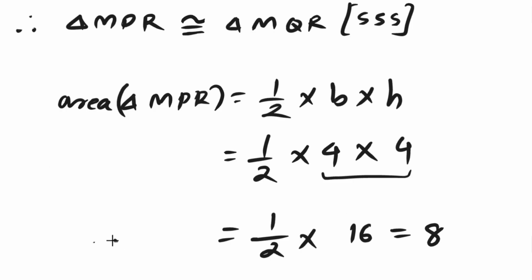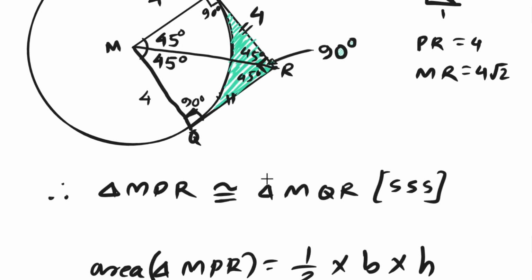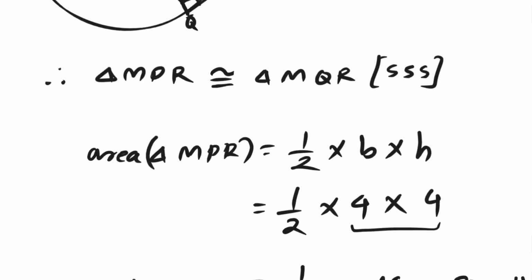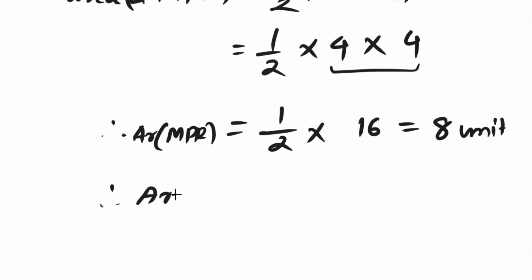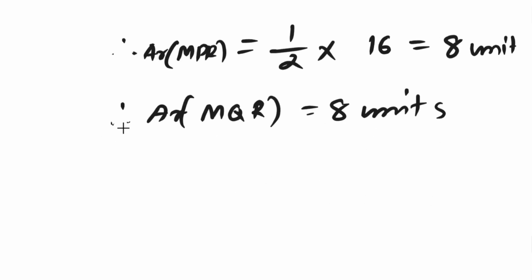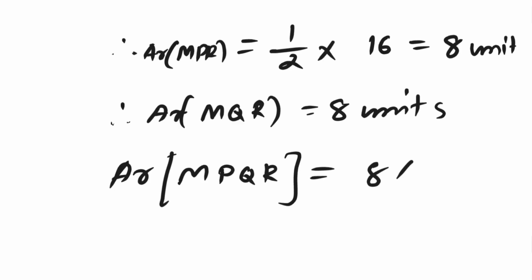Therefore, the area of triangle MPR is 8 square units. Since triangle MQR is congruent to triangle MPR, it has exactly the same area, which is also 8 square units. Therefore, the area of quadrilateral MPQR equals 8 plus 8, which gives 16 square units.